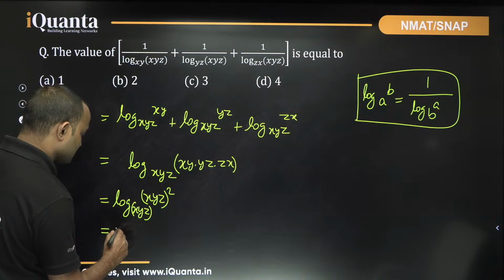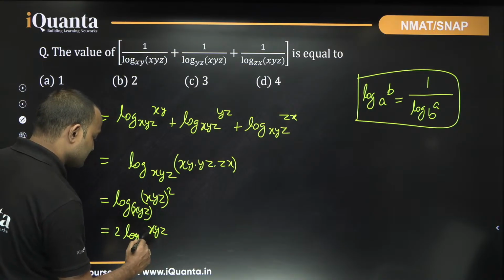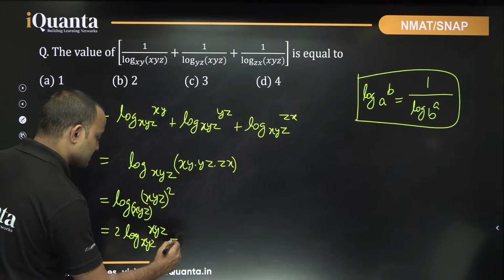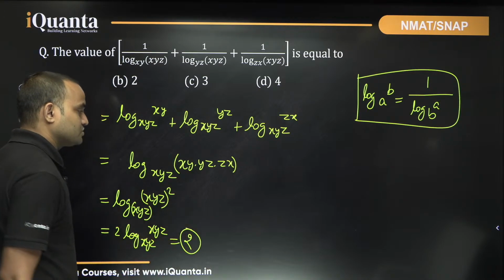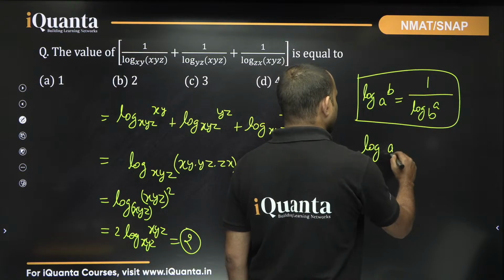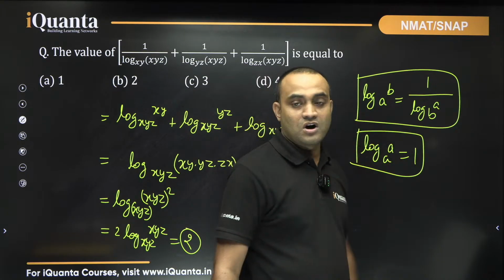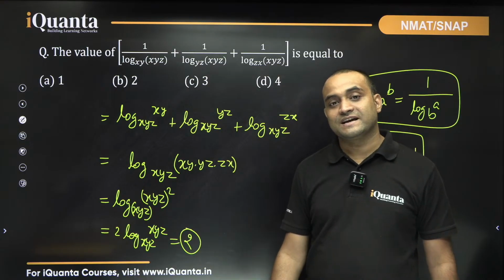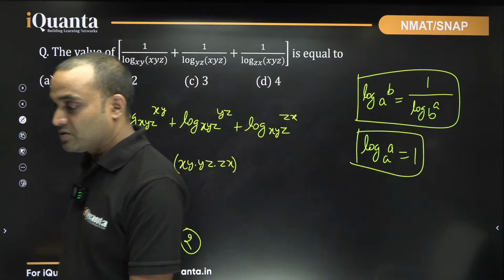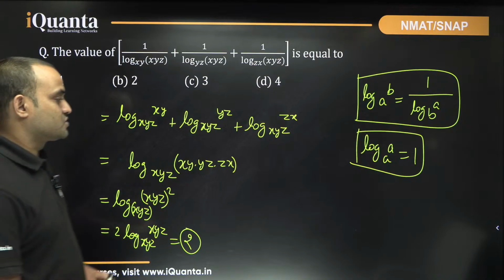That is 2 times log xyz to the base xyz, and that is equal to 2, because log a to the base a is equal to 1. So it will be 2 into 1, which is equal to 2.